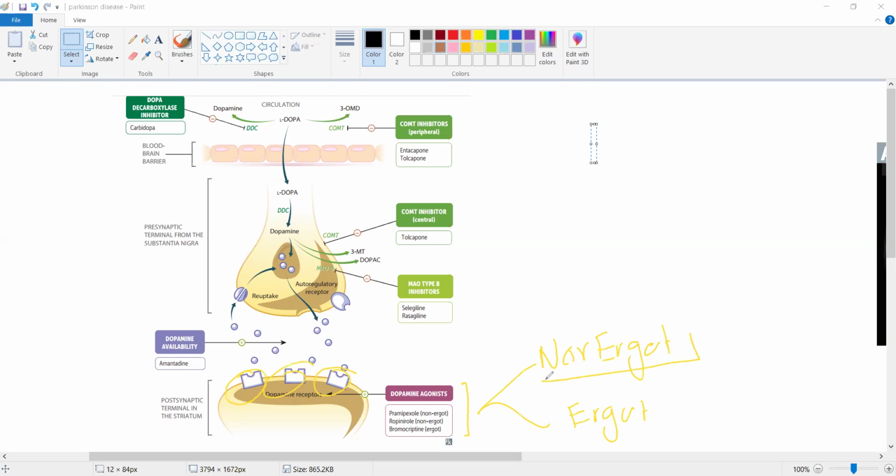Preferred drugs are non-ergot, and examples are pramipexole, while an ergot derivative dopamine agonist example is bromocriptine.